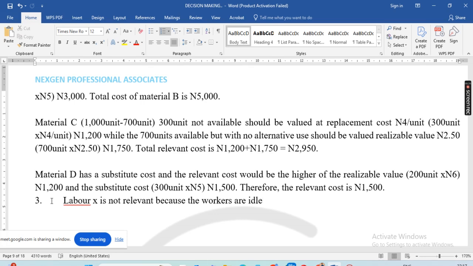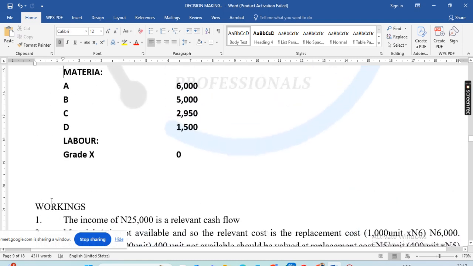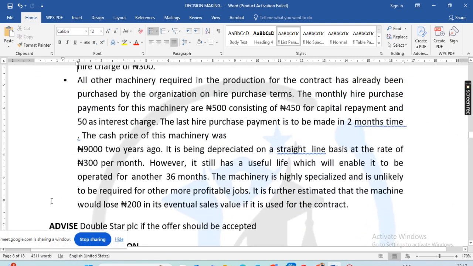Or grade X, let me cut the story short. Right? So what next do we have?